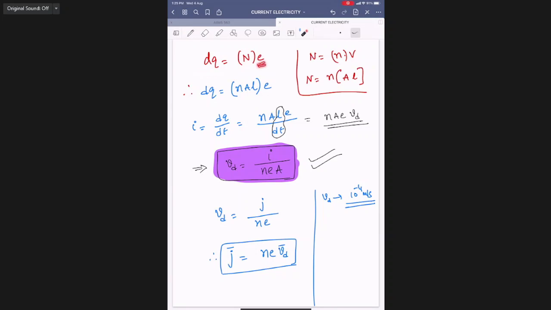Each charge carrier is nothing but an electron. If n number of electrons are there, the total charge is the number of electrons into the charge of each electron, e.